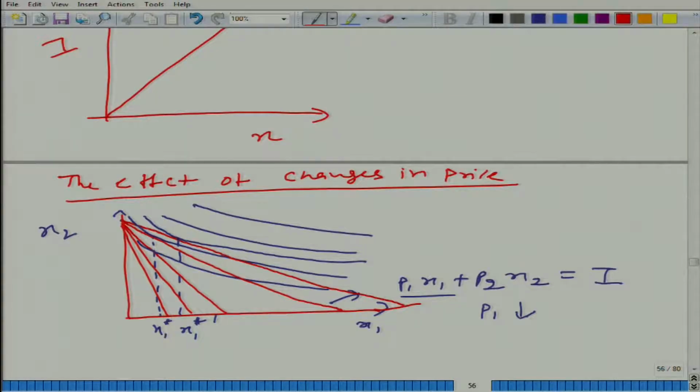So, a curve that passes through all these optimal bundles is called price consumption path, price consumption path or price consumption curve, does not matter.